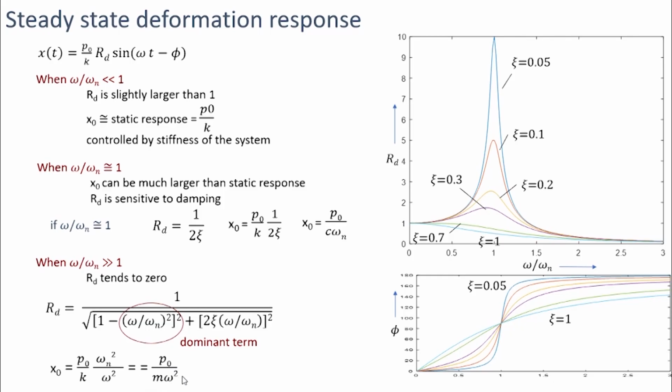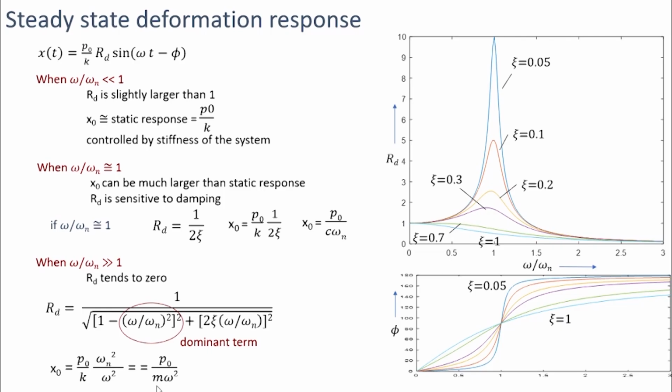As you can see here, this expression for the steady state amplitude is controlled by the mass of the system. So when the frequency ratio is higher than 1, Rd tends to 0, and the value of Rd will be controlled by the mass of the system.